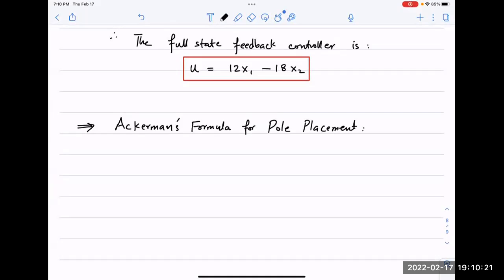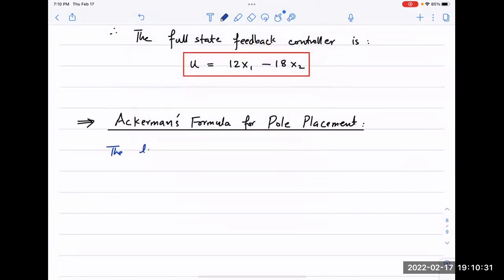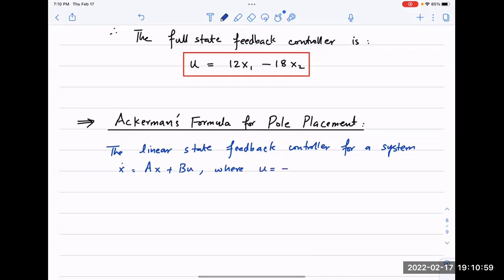So instead of doing all the steps that we did, there's a shorter way, which says the linear state feedback controller for a system x dot is Ax plus Bu, where u is minus Kx, can be obtained as follows.